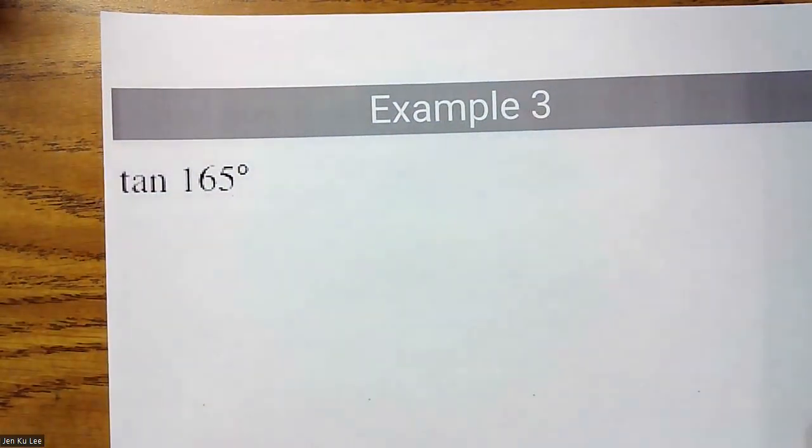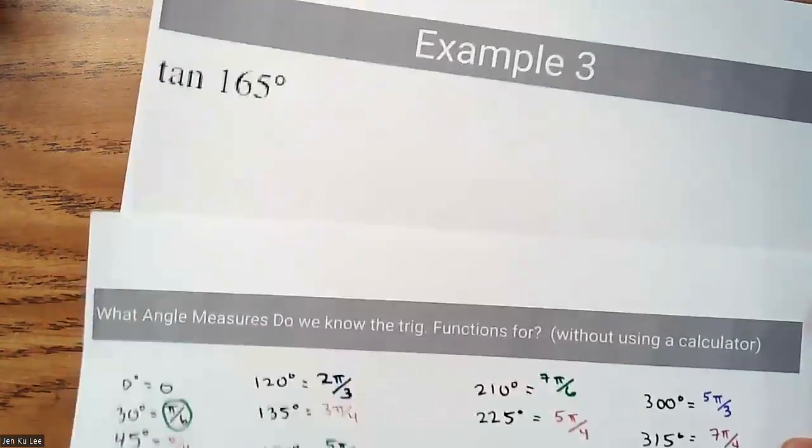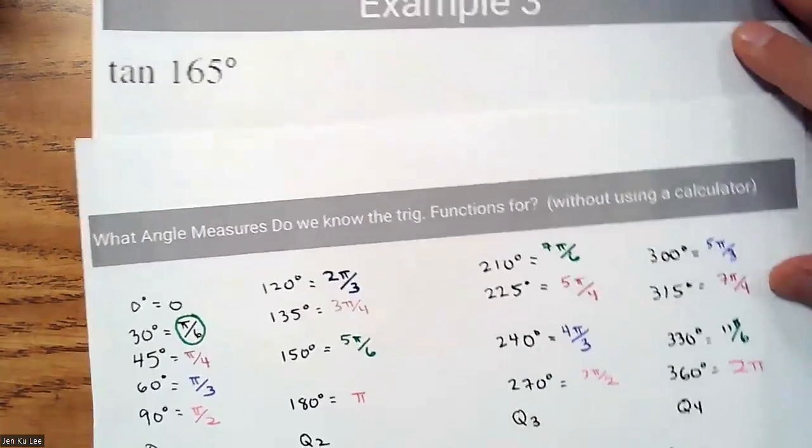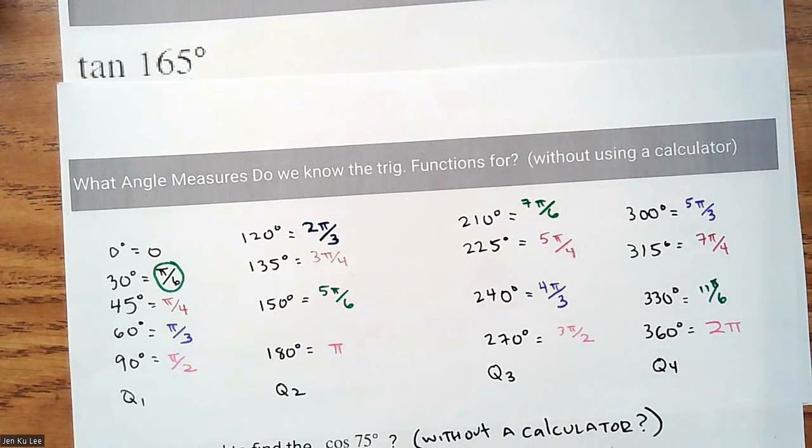Tangent of 165. So first step, how do I get 165? 225 minus 60.